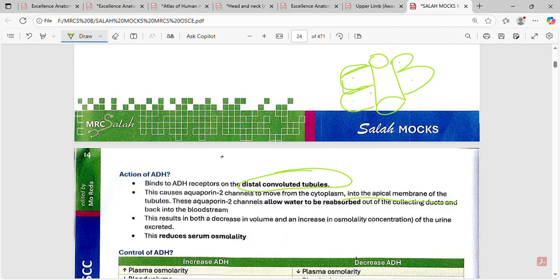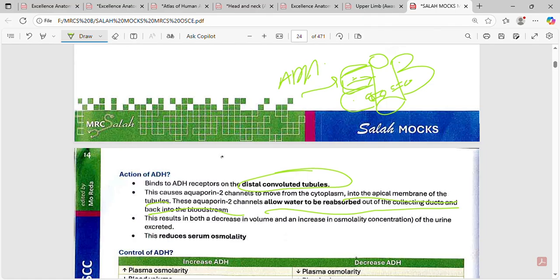When ADH attaches to its receptors, the aquaporins will go from the cytoplasm into the apical membrane, and they will reabsorb free water. These aquaporin channels allow water to be reabsorbed out of the collecting ducts and back into the bloodstream.